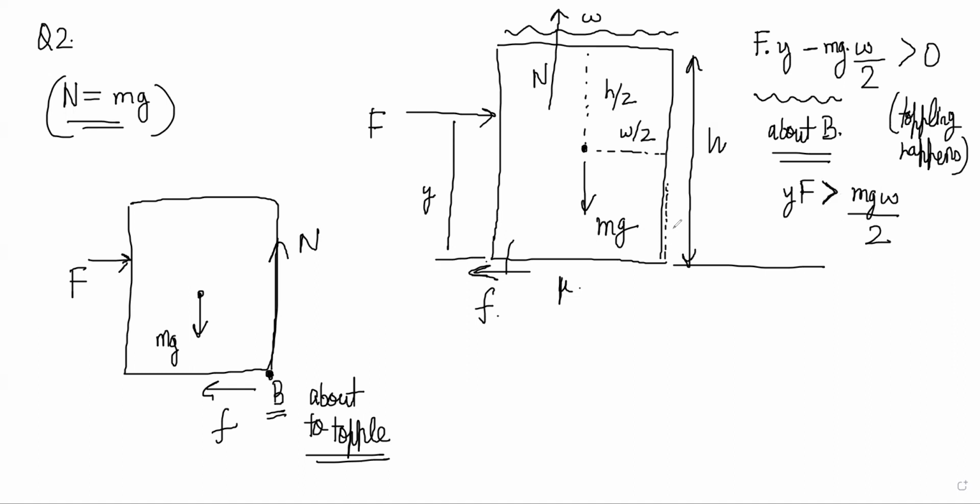Right? And let's think about when it slides. This is the condition for toppling. Now let's think about when it will slide. So sliding will happen when the force F is bigger than the horizontal friction f, right?